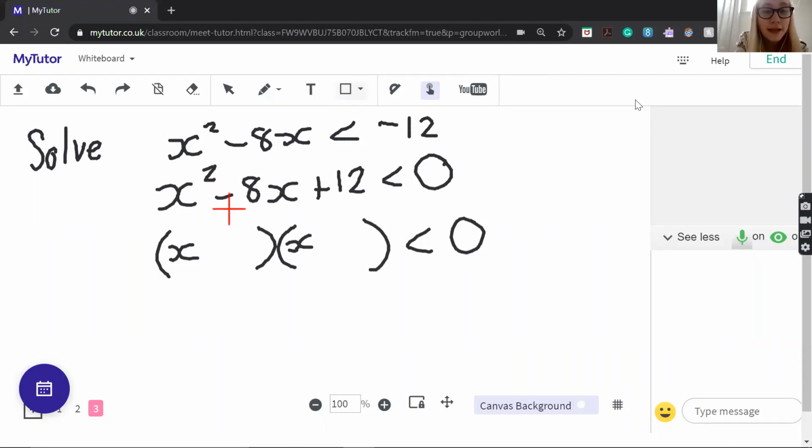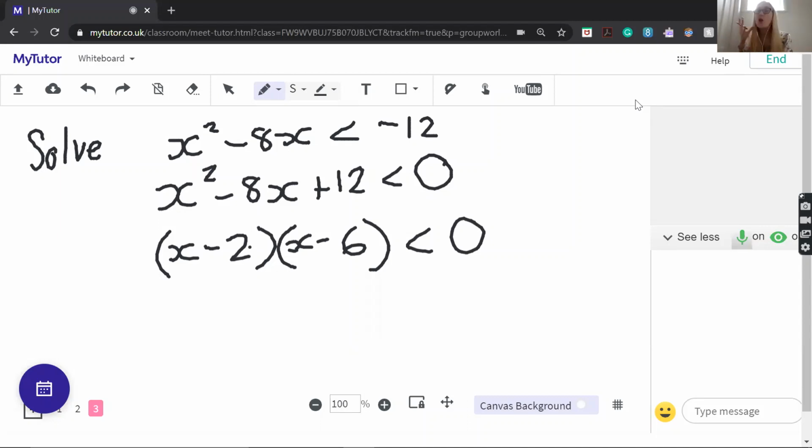And they have to add up to minus 8, so they've got to be negatives. There's no way that two positives are going to add up to minus 8. Then we want numbers that multiply to make 12 and add to make 8. It's going to be 2 and 6. So well done, a lot of you got that, and people who got it wrong still got the numbers right, which is really great.